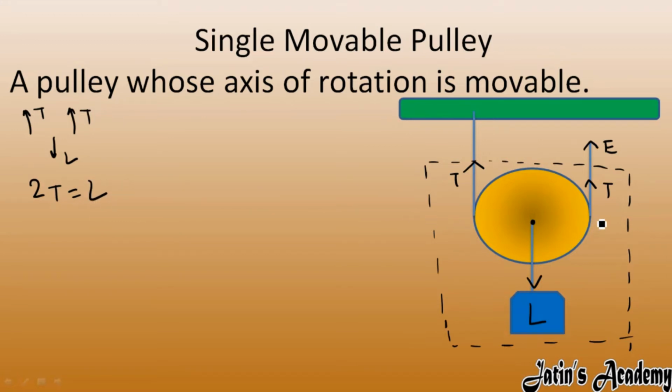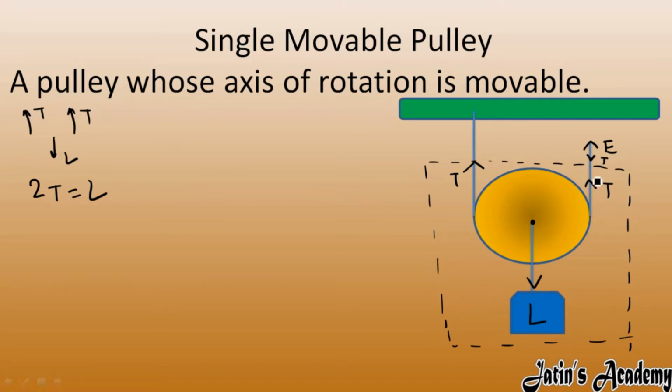Now we have to see the second equation. Carefully see, when effort is applied in the upward direction, for the effort the tension direction is downward. But here you may get confused. Why? Because at the lower point, I have made tension in the upward direction, and now I am making tension in the downward direction.